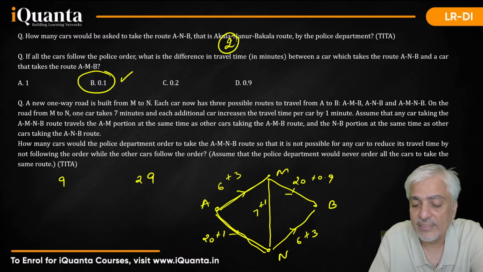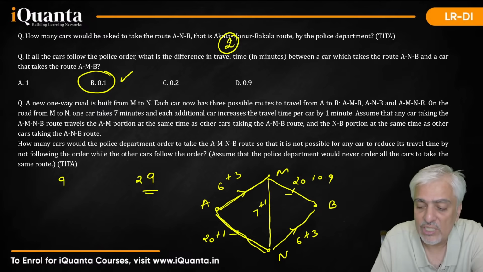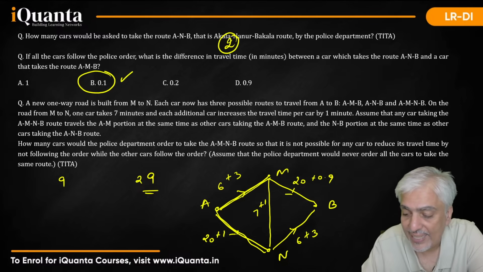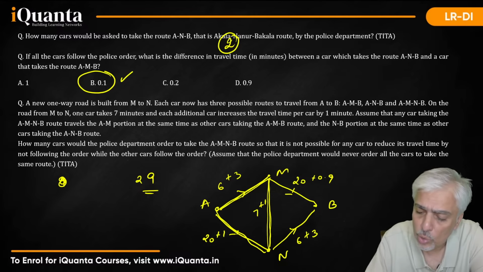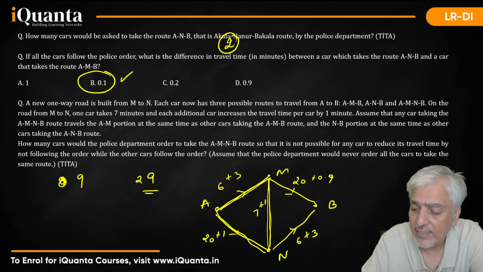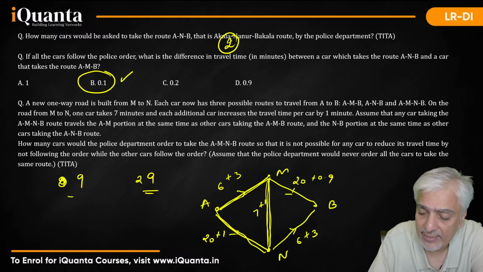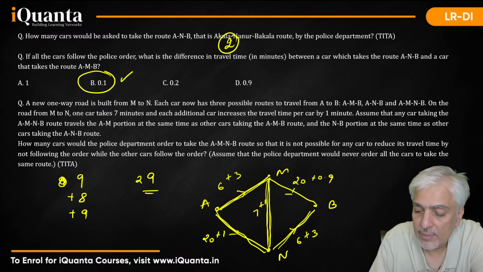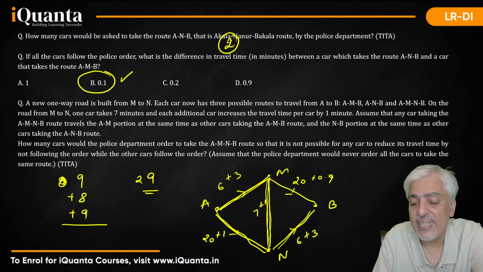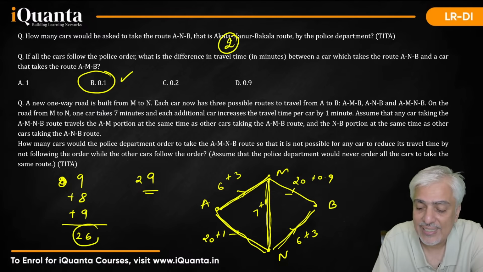Now, what about the other one? These will take 29. What about this one? This will take 9. 9 plus 8. Now there are, so sorry, this will not take 9. This will take more time. Sorry, 2 cars only I said, no? 2 cars. So 9, 9 plus 8 plus 9. How much is that? That is 18. 18 plus 8, 26.